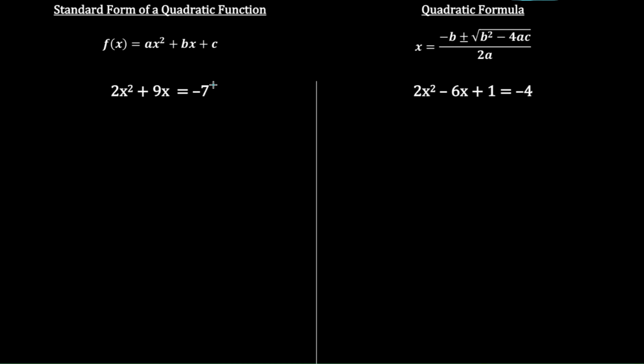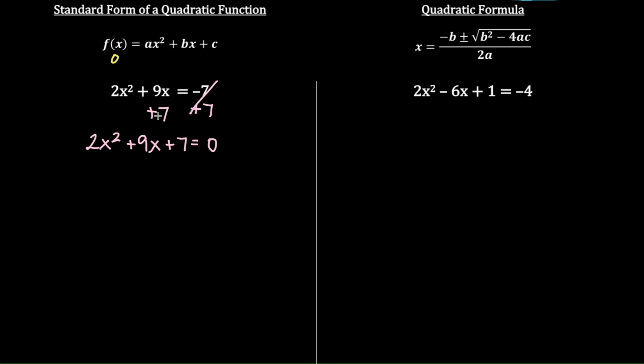One thing I need to do first is make this f of x equal to 0. So I'm going to add 7 to both sides of my equation, and I get 2x squared plus 9x plus 7 equals 0.